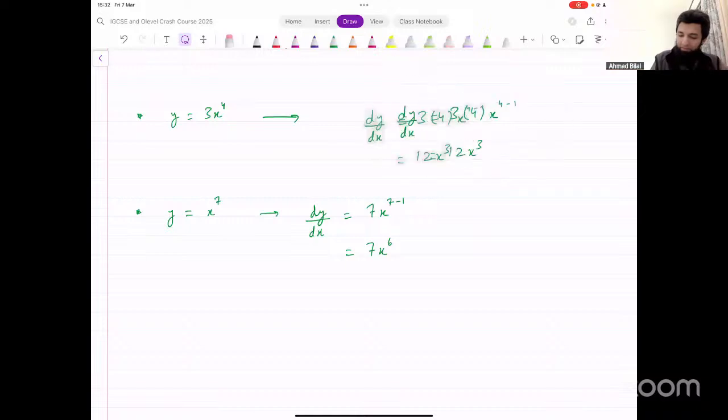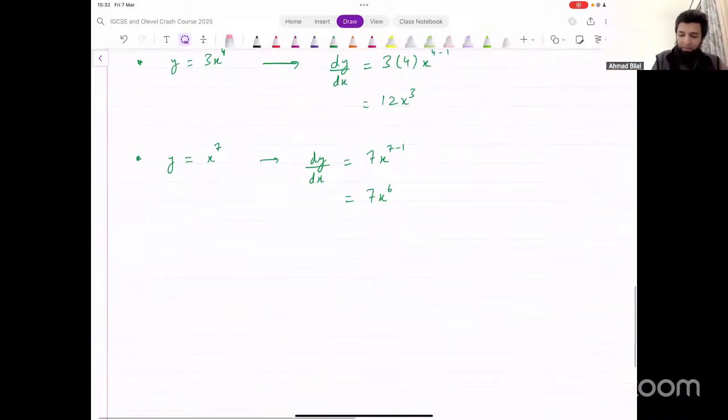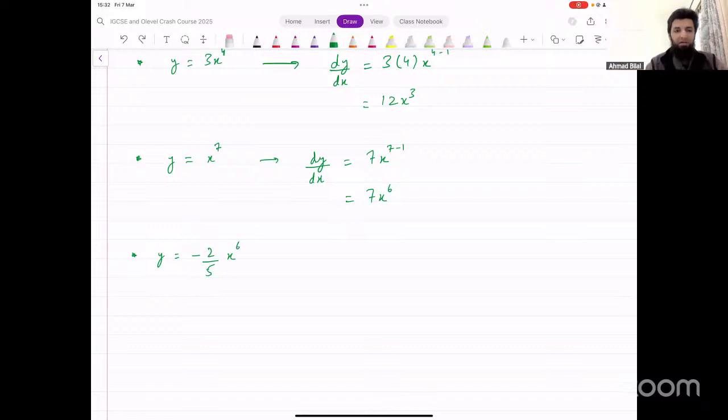Okay. Let's take another example. Let's say you have y equals minus 2 over 5 into x raised to the power 6. Now, the constant that is multiplying outside will remain unchanged.